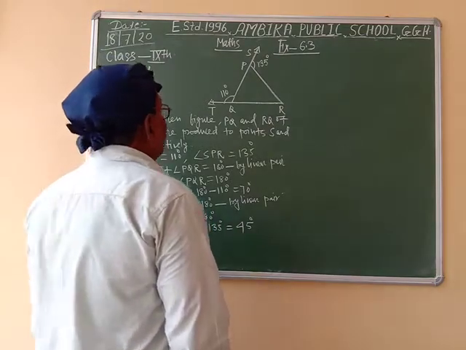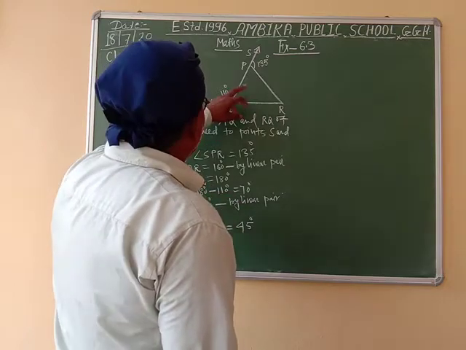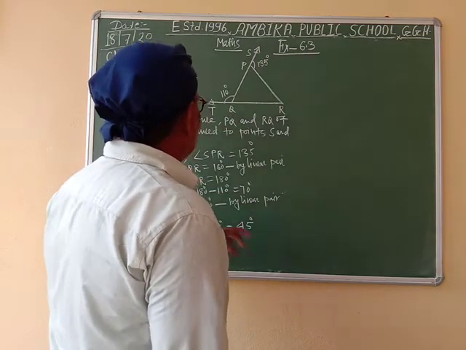Now I have angle PQR equal to 70 degrees and angle QPR equal to 45 degrees.